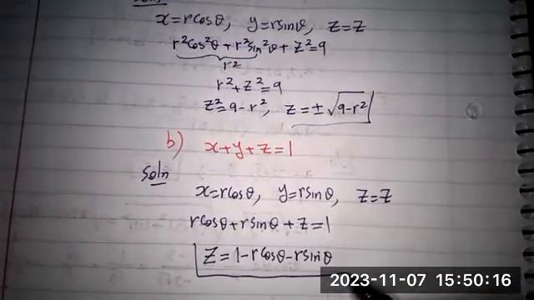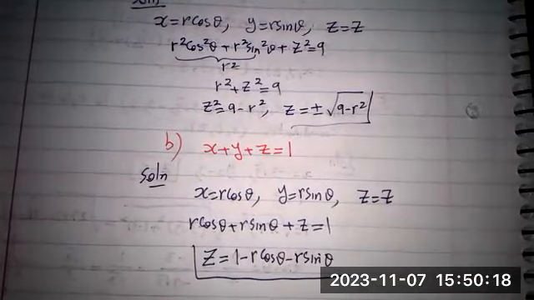So Z is going to be a function of R and theta. Always it's possible to write Z as a function of R and theta.